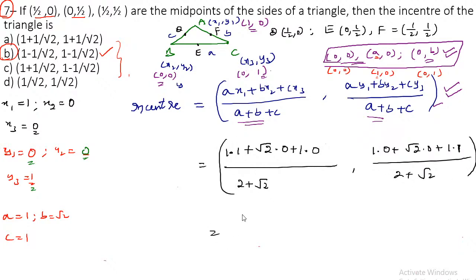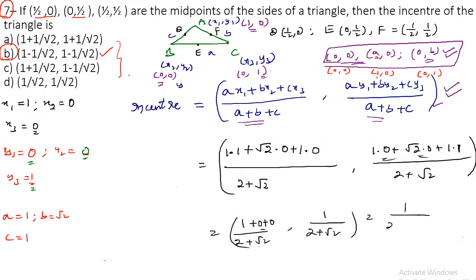So now this is equal to 1 plus 0 by 2 plus root 2 comma 1 by 2 plus root 2. So this is 0 and this is 0.